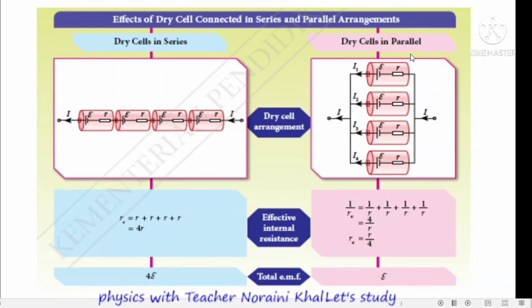Okay, for dry cells in parallel, the effective resistance becomes R over 4, using the formula for parallel effective resistance, and the EMF equals E. So the total effective resistance is smaller. So if you want to increase voltage, you need to connect in series, not in parallel.